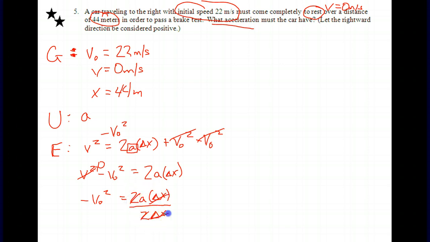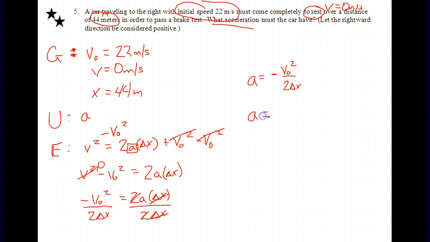Change in displacement cancels out change in displacement here. We'll do the same thing on this side. 2 times your change in displacement. All right, so your final formula for this will be your acceleration is equal to the initial velocity squared over 2 times the change in displacement. We've got to make sure that this is all negative at the end.